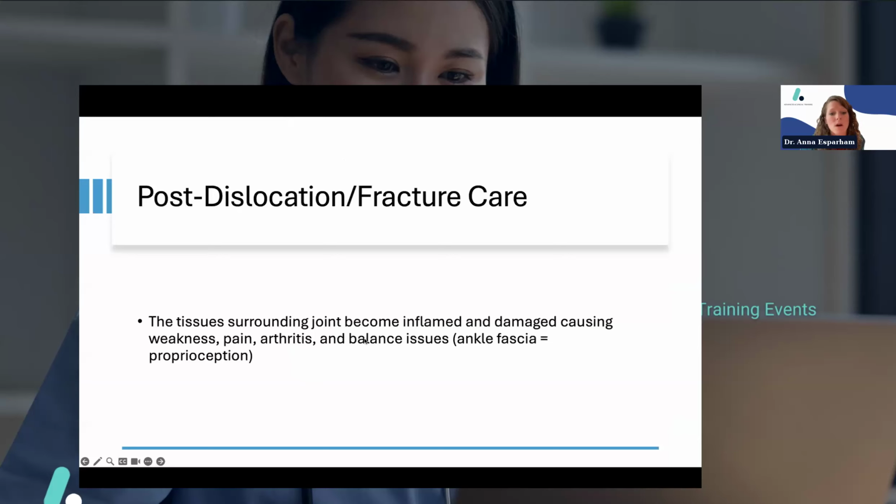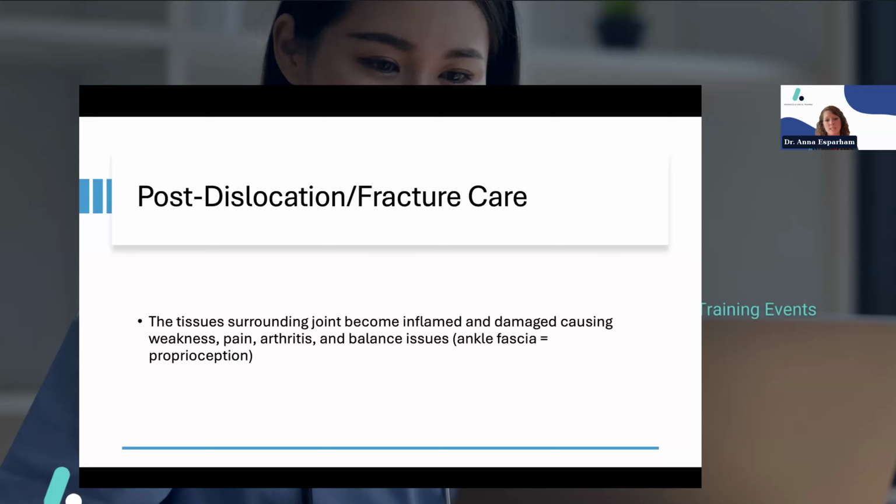Okay, so obviously we need to make sure we have a plan in place for post dislocation and fracture management because the tissue surrounding that ankle joint becomes so inflamed and damaged, it causes significant weakness, pain, which causes future arthritis when they have a lot of the damaged tissues.